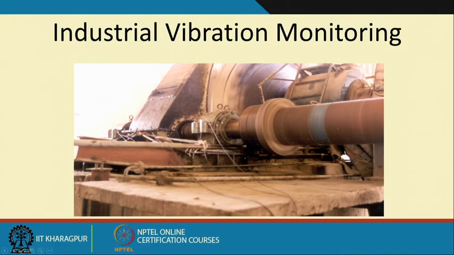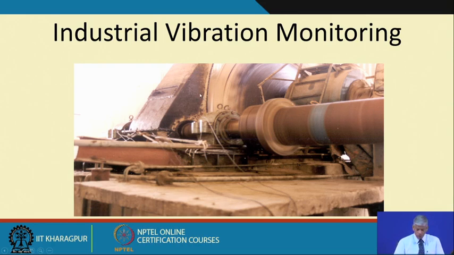So, in vibration monitoring, depending on the criticality of the machine, somebody may do online monitoring and offline monitoring. But if you see the industrial scenario of vibration monitoring, for example, this is a part of a cement plant wherein this is the torsion shaft which is being driven from a speed reduction gearbox, and there is a pinion gear here which is meshed with the ring gear of the kiln.